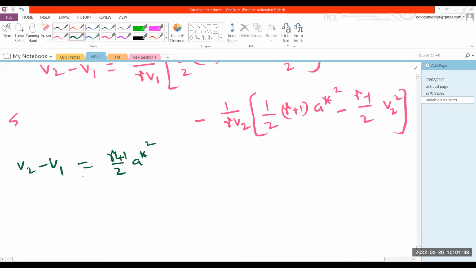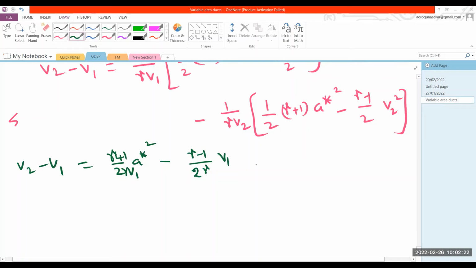Then 1 by gamma v1, I will write as 2 gamma v1, into a star square, minus gamma minus 1 by 2 gamma into v1.